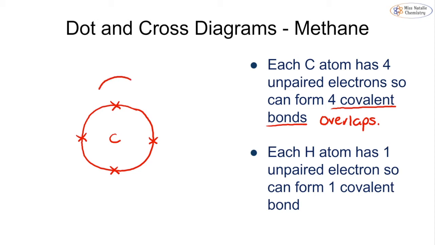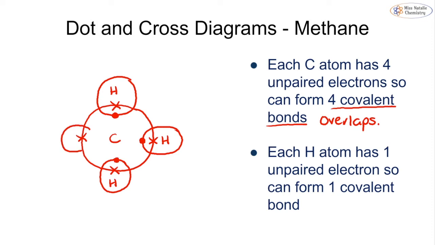So it's going to overlap with hydrogen, and we draw it like that. So we have our 1 electron from the hydrogen as our dot, and it is overlapping with our cross here. So now those 2 electrons are being shared. And the same thing happens for each of the 4 unpaired electrons, showing the overlap and showing what element it is.